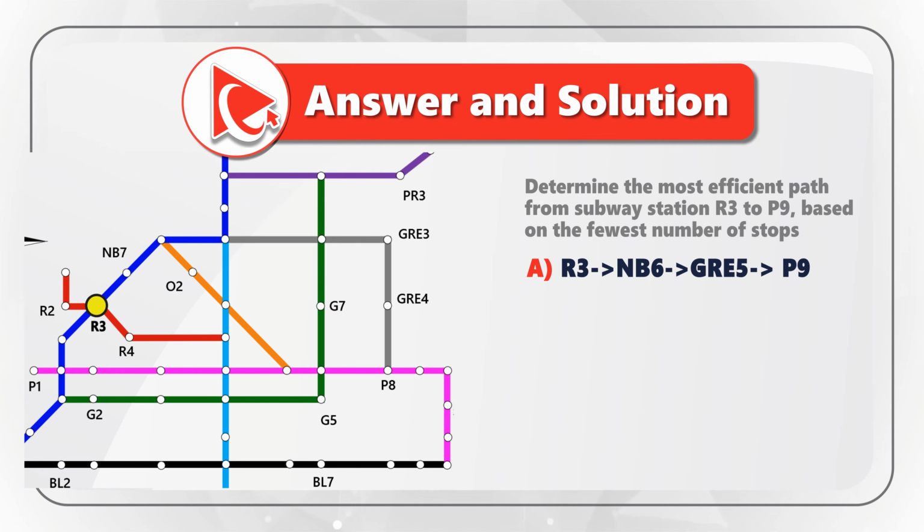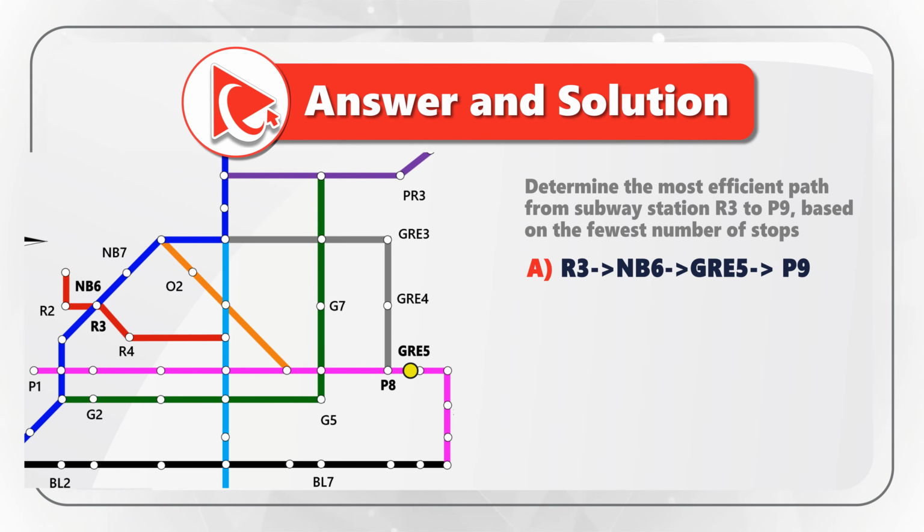We start at the point of R3, and then go to NB6, so there are 2 stations in between. Then we go to GRE5, which is gray 5, which is also the same station as P8. And between NB6 and P8, or GRE5, there are 1, 2, 3, 4, 5, 6, 7 stations.